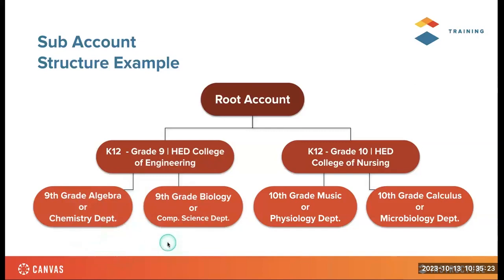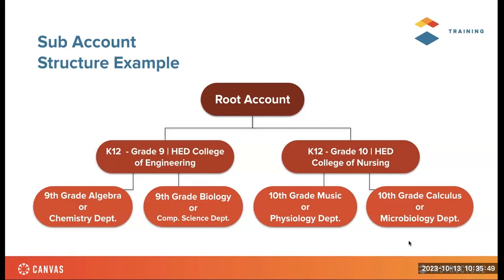And then that is completely separated by a different group, a nursing group that could have the microbiology beneath it and physiology underneath that. And these are all separated with their own rules, roles, permissions, shared resources, and so on.